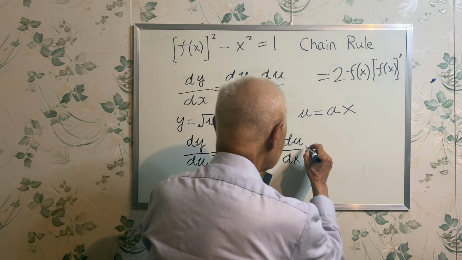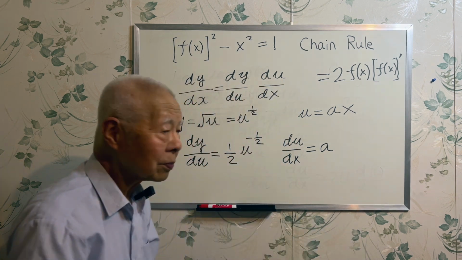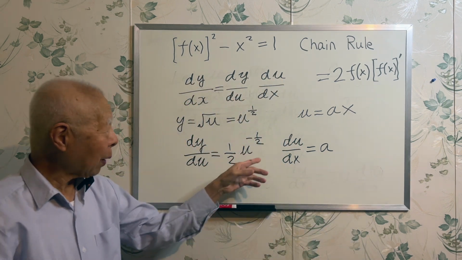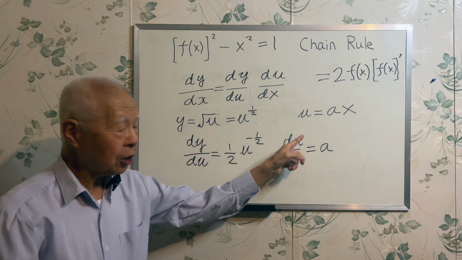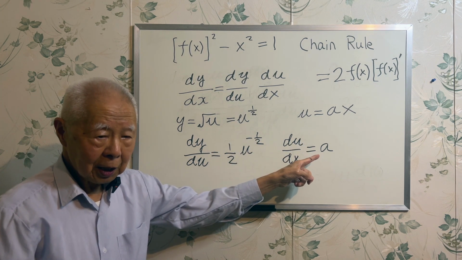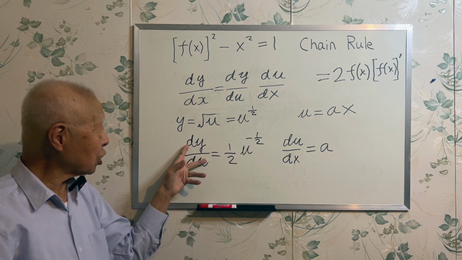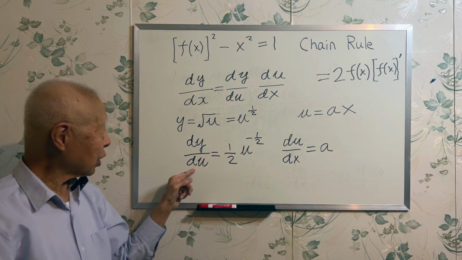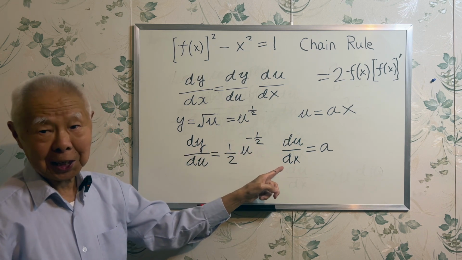Okay. Now you multiply. You multiply this by this. As I said a few minutes earlier, this multiplied by that, you cancel the u. The result is dy by dx.